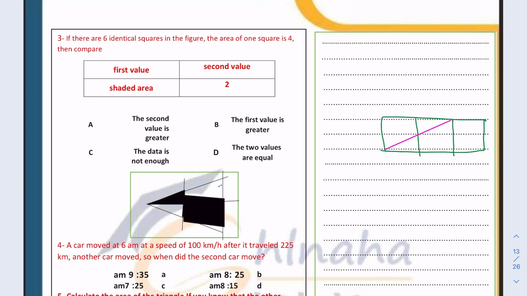We can edit this line. So here I can draw, and we have a shaded part which is here and also here. Do you see? This is the shaded part.